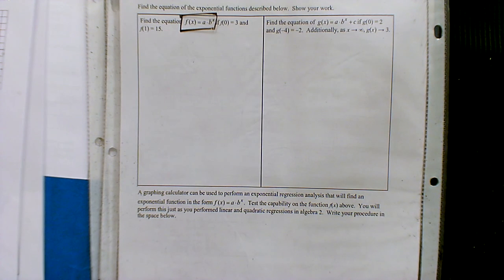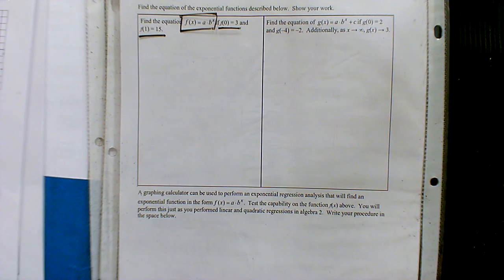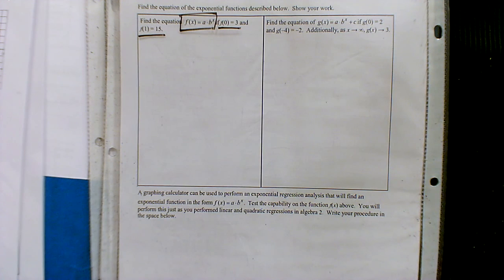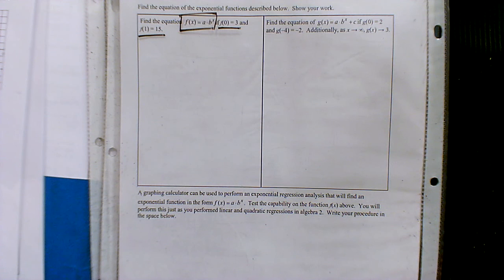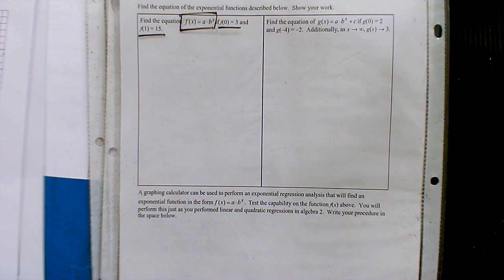Okay, they give us the setup of the equation and they also give us some pieces of information. These are essentially representing points like we've seen previously. So can we think about which point we should use first to help us either solve for A or B in this example?